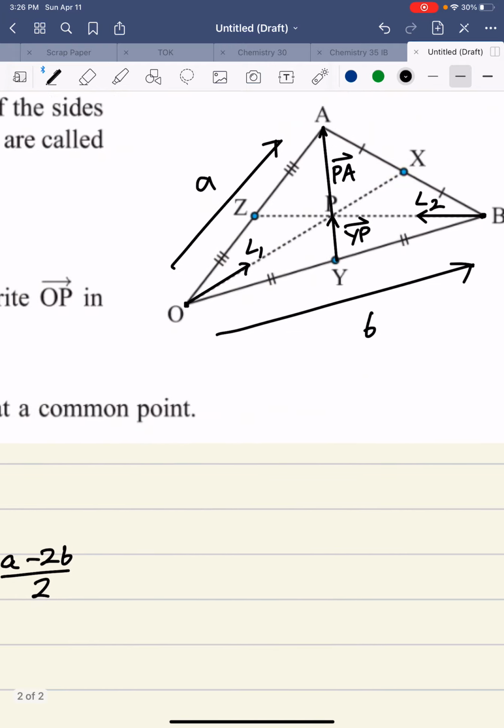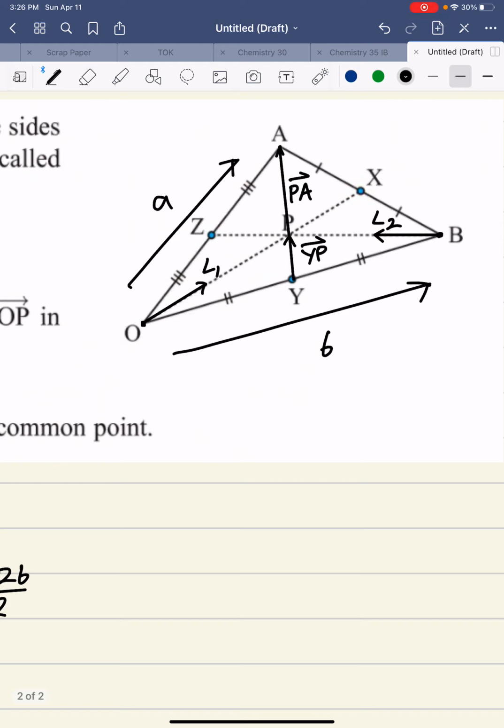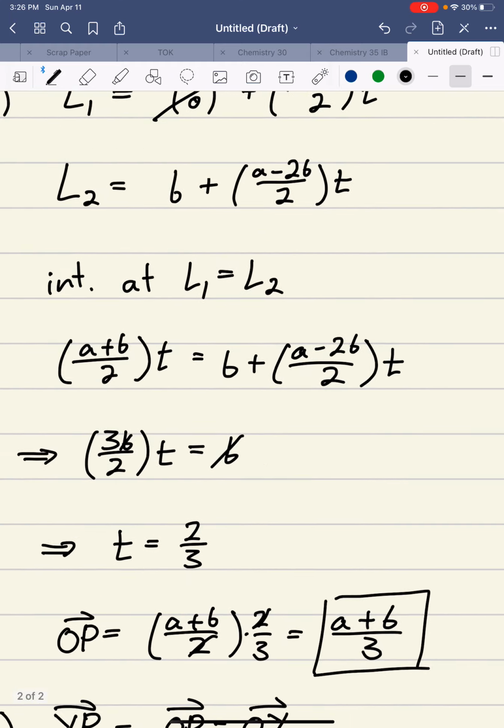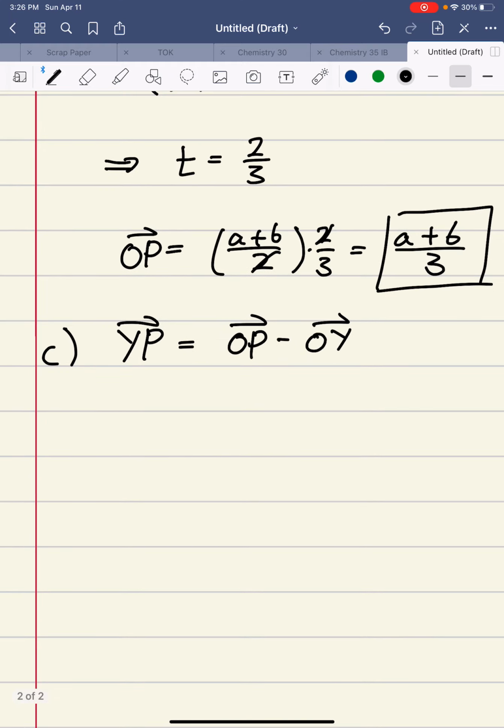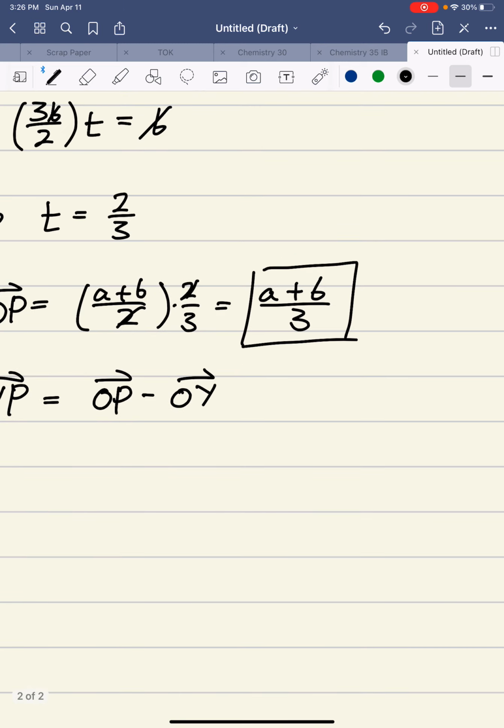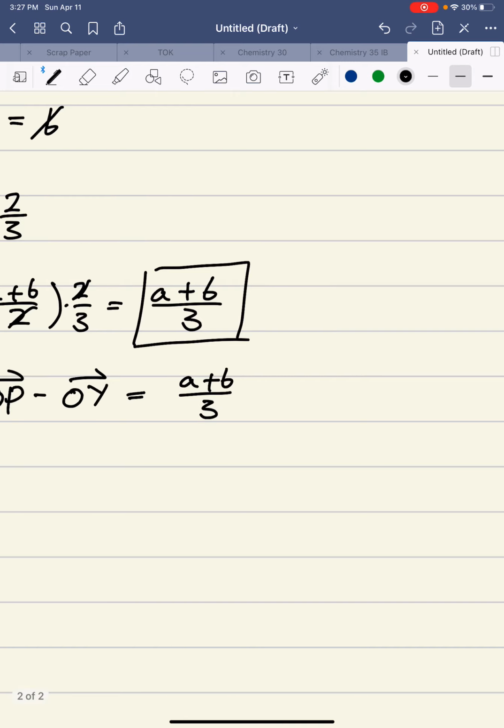And if you look at OY, it is just the midpoint of OB. So if you want to find the midpoint of OB, that's just b over 2 because it's half the magnitude of b, but in the same direction. So that would be (a plus b) over 3 minus b over 2.